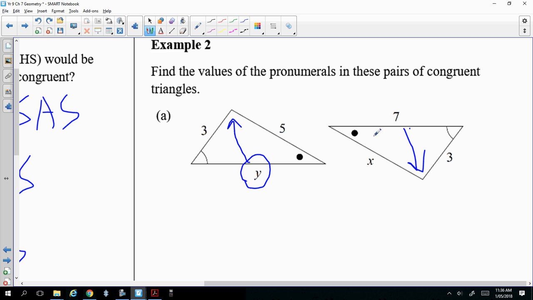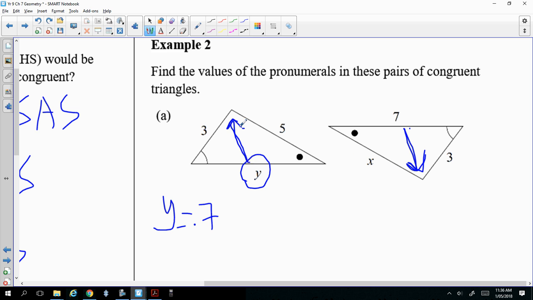So y is opposite to this angle, 7 is opposite to this angle. They must be equal. Now, in these two triangles, these two angles are equal, and these two angles are equal. The third one must be equal, right? That's why these two angles are equal. So therefore, y equals 7.